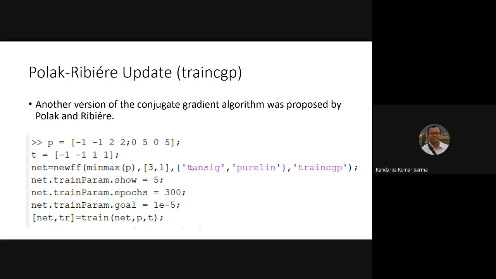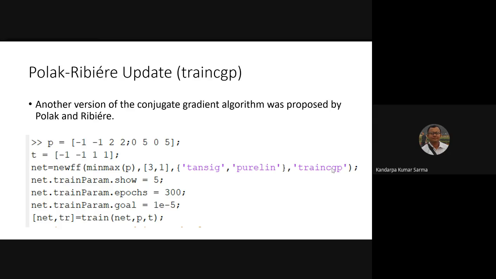Then there is one more type of the conjugate gradient training called the train CGP. Now this P comes from the Polak Ribiere contribution. So here same thing. The train CGP is here considered. This is a variation of the CGF.